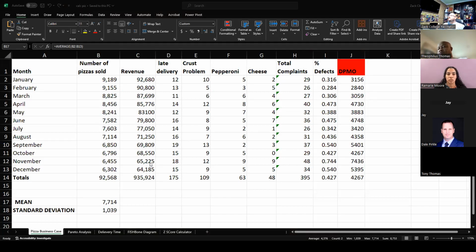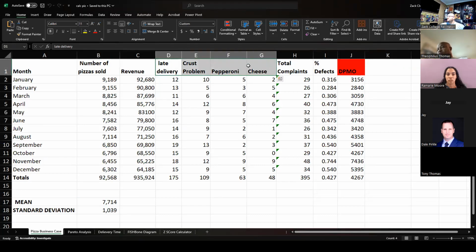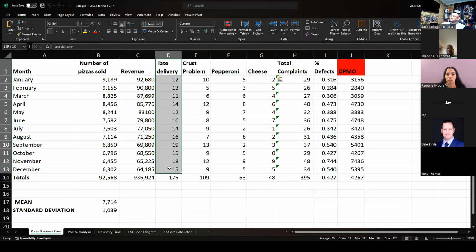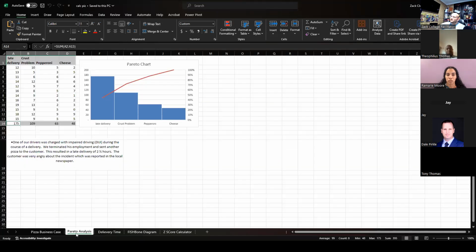And we identified several different things in here, right? We identified the number of pizzas that were sold, the revenue, and we identified what was the main problem. We identified this as our main problem of being late deliveries. And we did that because once we created a Pareto chart, this then became evident in our data collection procedures.